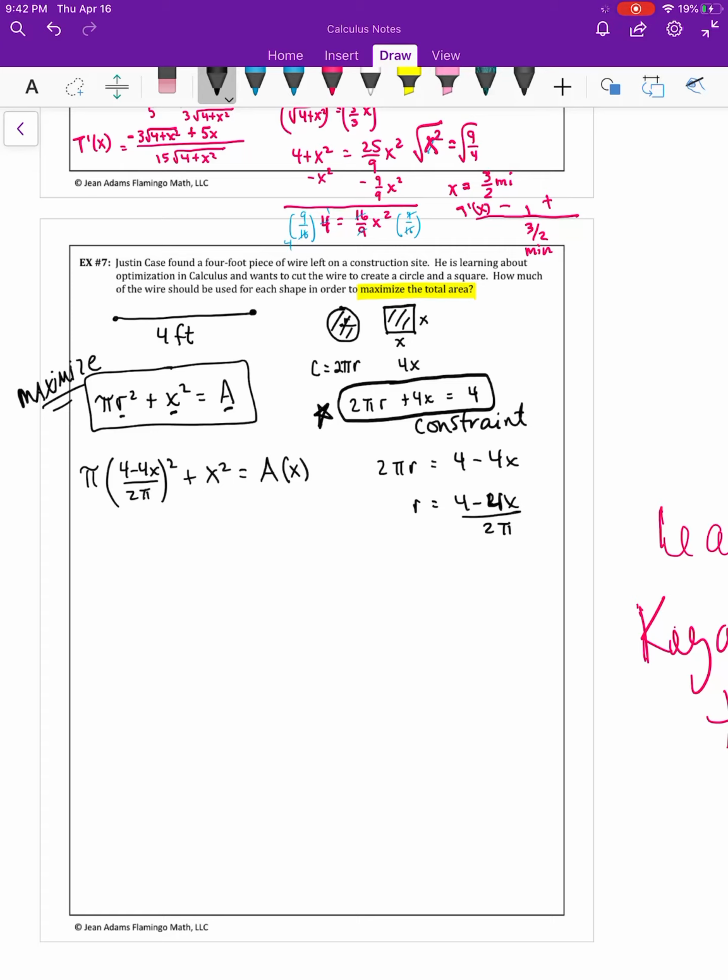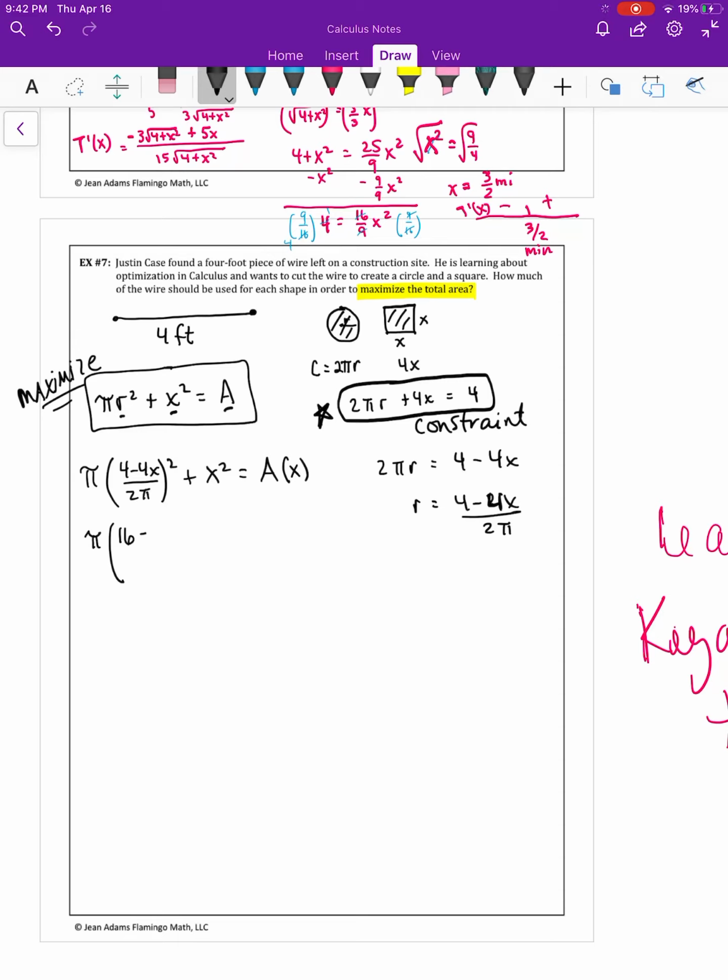And so I came over here and I said pi times (4 minus 4x over 2 pi) squared, plus x squared is my A, and that would be my A in terms of x.